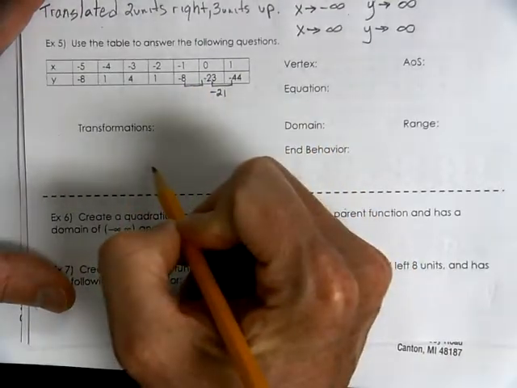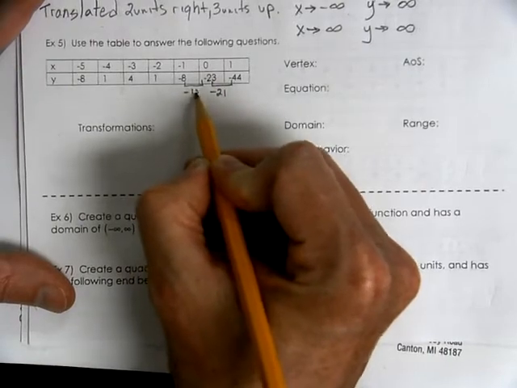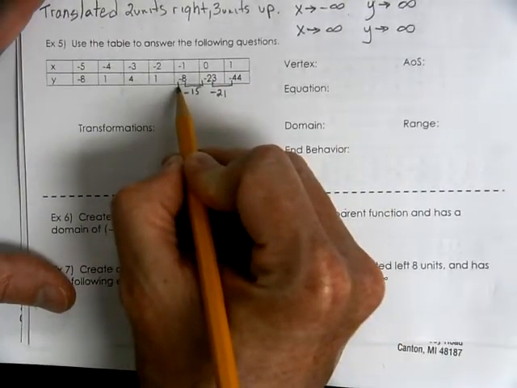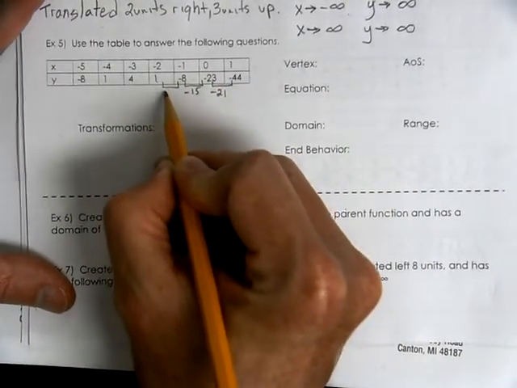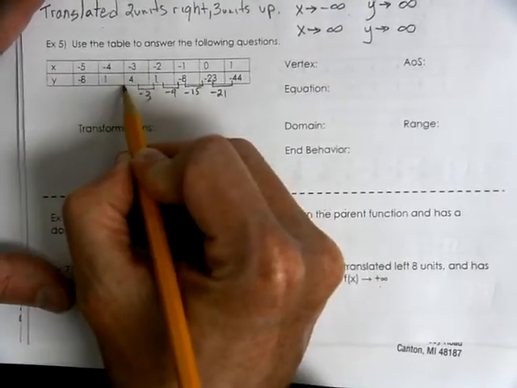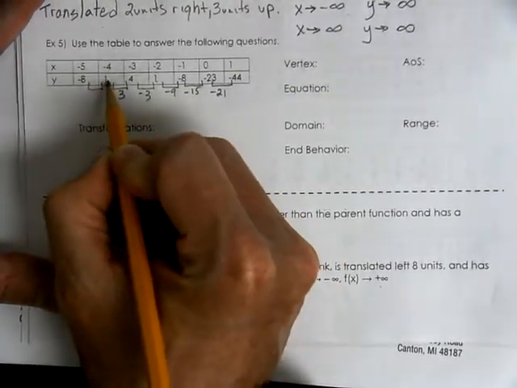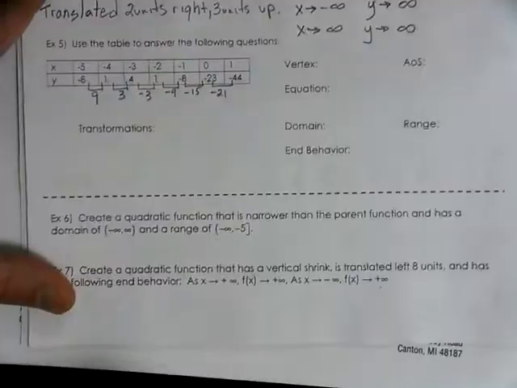This minus a negative 8, which would really be a plus 8, would give us a 15. This minus this would give us negative 9. This minus this would give us negative 3. This minus this would give us 3. This minus this would give us 9.